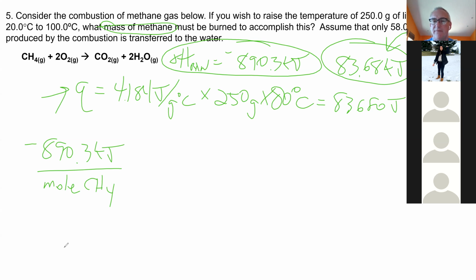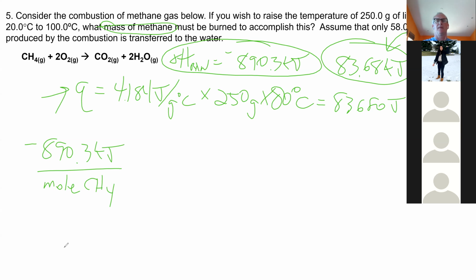If the heat we're going to get from the methane, only 58% of it is going to be transferred to the water and heated up. So we figured out that we would need like 84 kilojoules. Are we going to need more than that now, or less? Do you mean the balance?